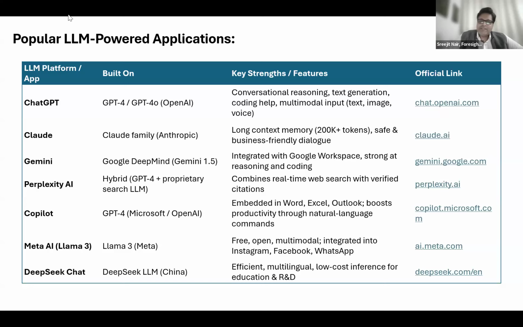There is Gemini, which Google has created. It is integrated with Google Workspace, strong with reasoning and coding, but overall it lacks somewhat compared to previous versions of Claude or ChatGPT.